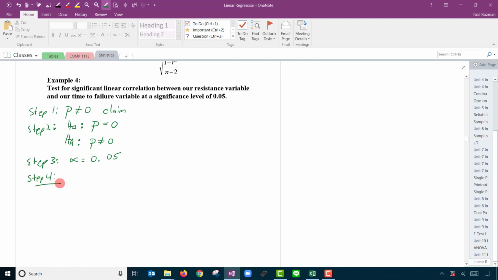Step 4 is check our assumptions, which we didn't really check. All we can say is we have random data, assume bivariate normal.